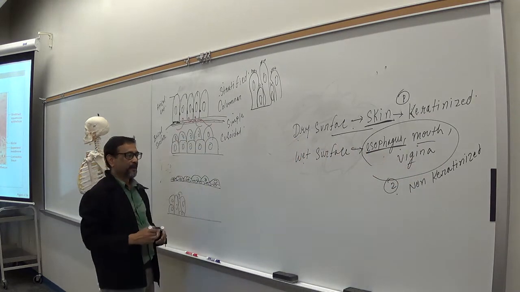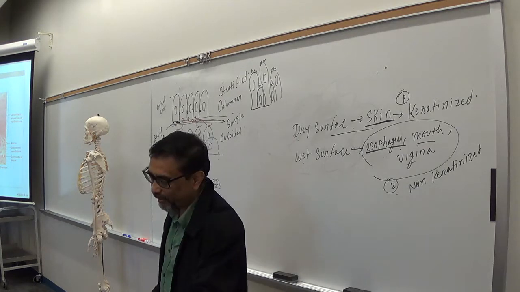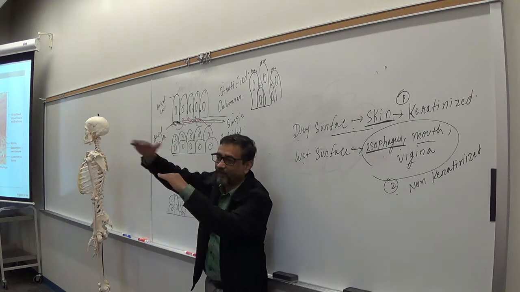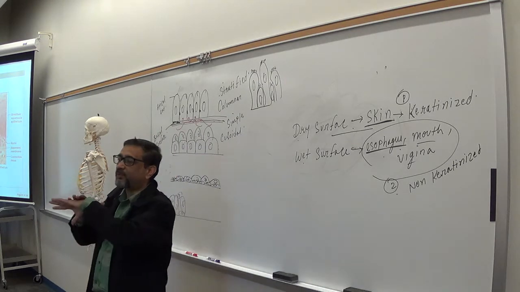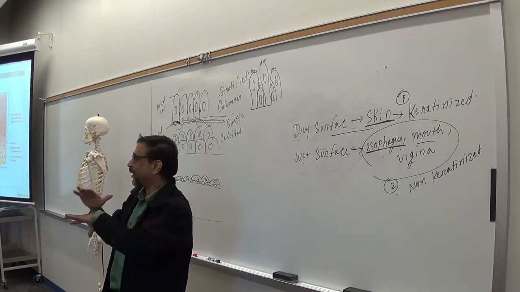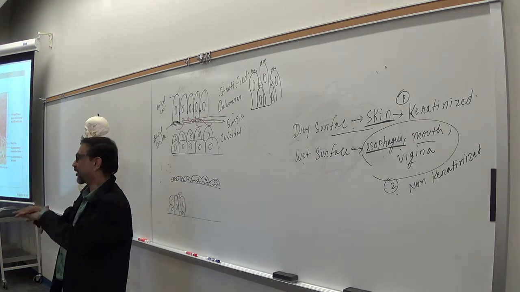Where in one sentence, if I want to say, just remember, stratified squamous forms thick layer because multiple layer. That's why the areas where the chance of friction is high. The areas where what? Chance of friction is high.